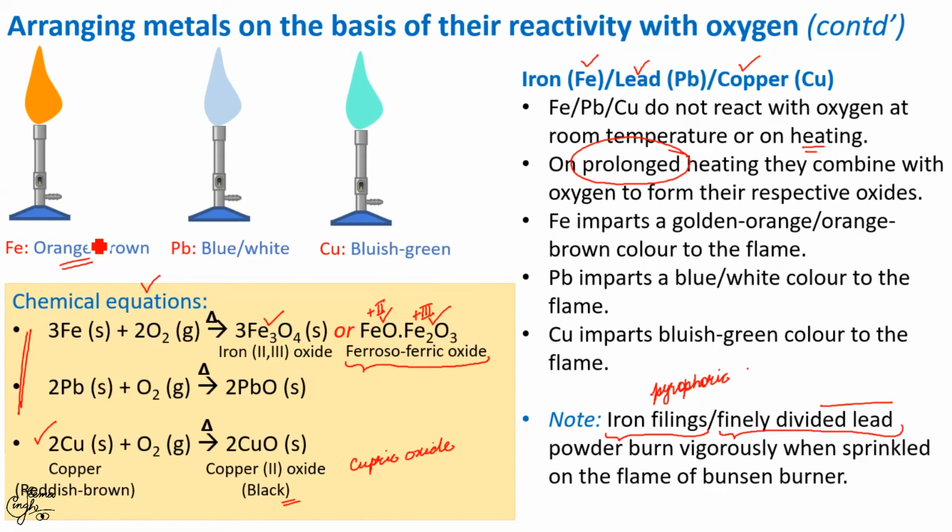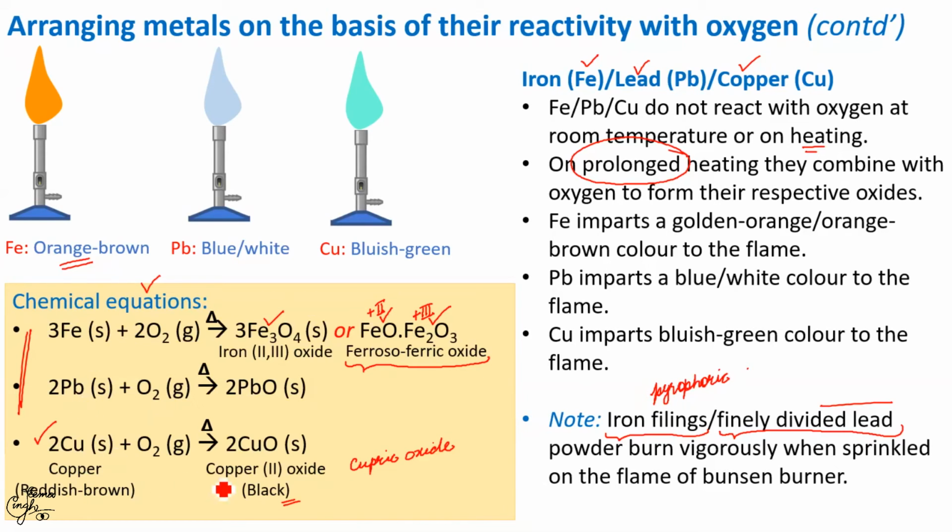These are the colors which these metals impart to the flame of the Bunsen burner. Students also note that you might not find some of these reactions in your NCERT textbook, but since an activity involving these metals and their reaction with oxygen is prescribed in your syllabus, you need to know them.